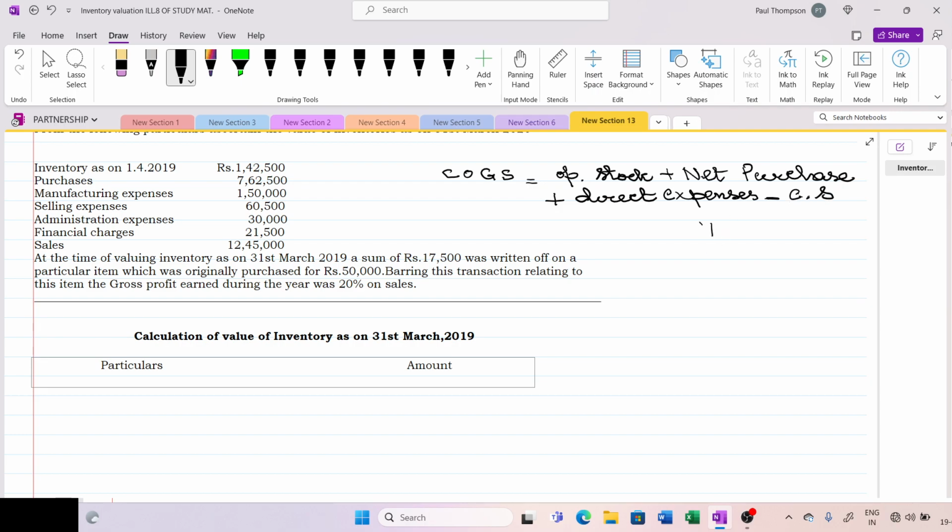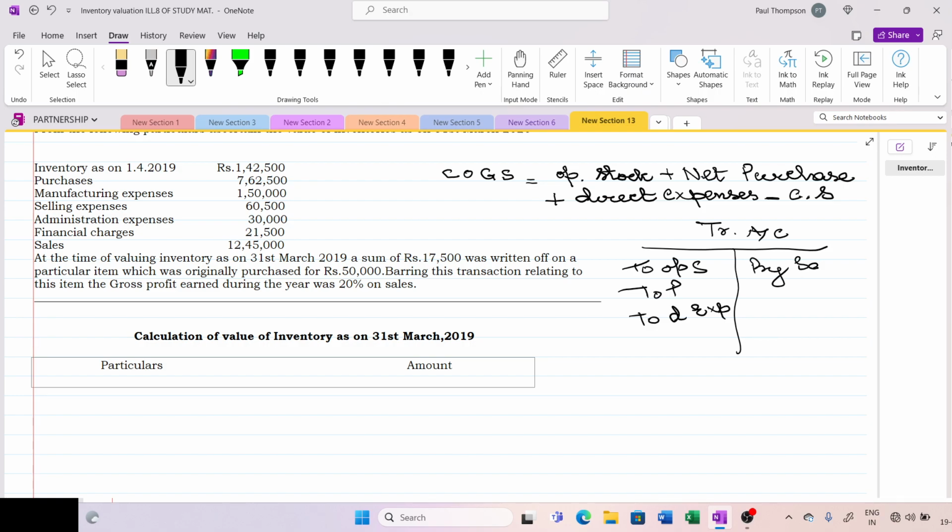And we know from trading account also, I just make it in a rough way. See here, you are going to write opening stock here, then your purchases, that is I'm talking about net purchases, then your direct expenses, then what you do, here you write the sales.